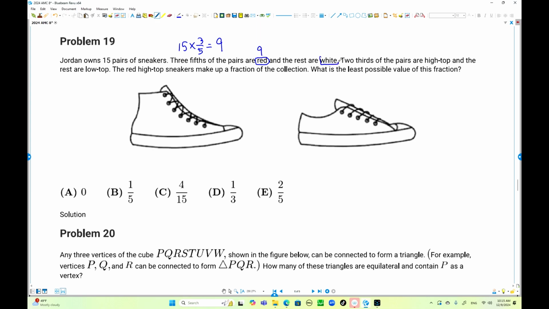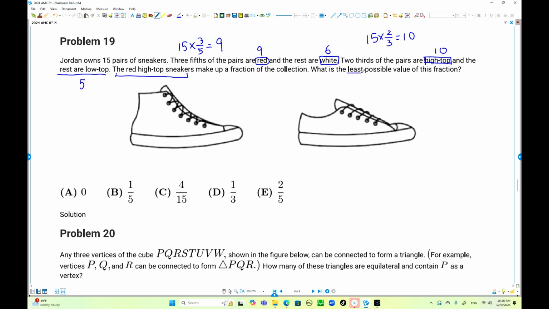And what about the rest? 15 minus 9 is 6, so 6 are white. The low tops, the rest of them, is 5, right? The red high tops, that's the common part. The color is red and the type is high top sneakers, making up a fraction.